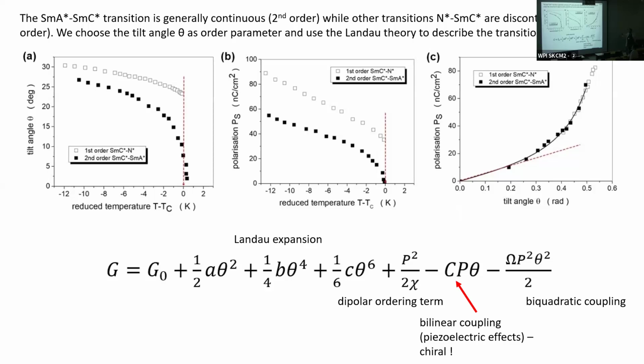Right? Okay, so you can measure your tilt angle, you can measure your polarization, you plot polarization as a function of tilt angle. The linear line here for small angles gives you the bilinear coupling. The deviations here, that's your biquadratic coupling.